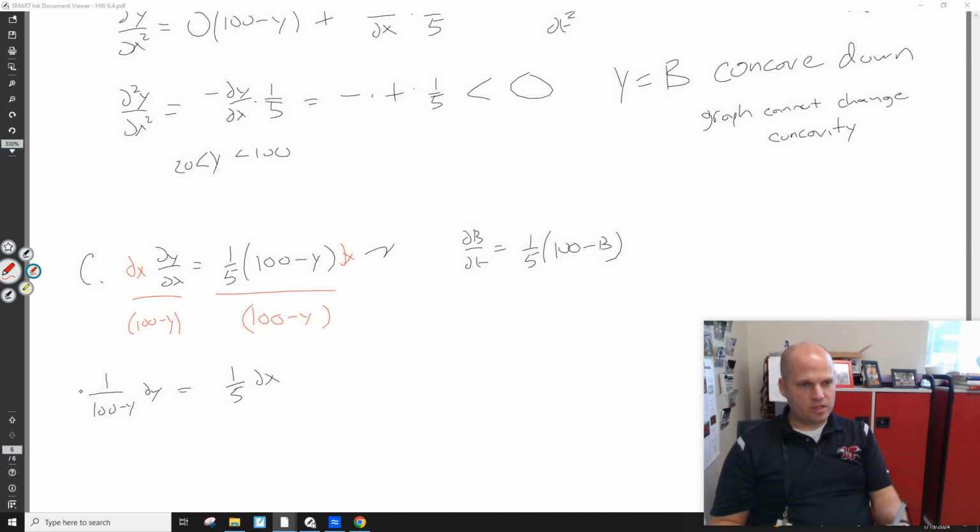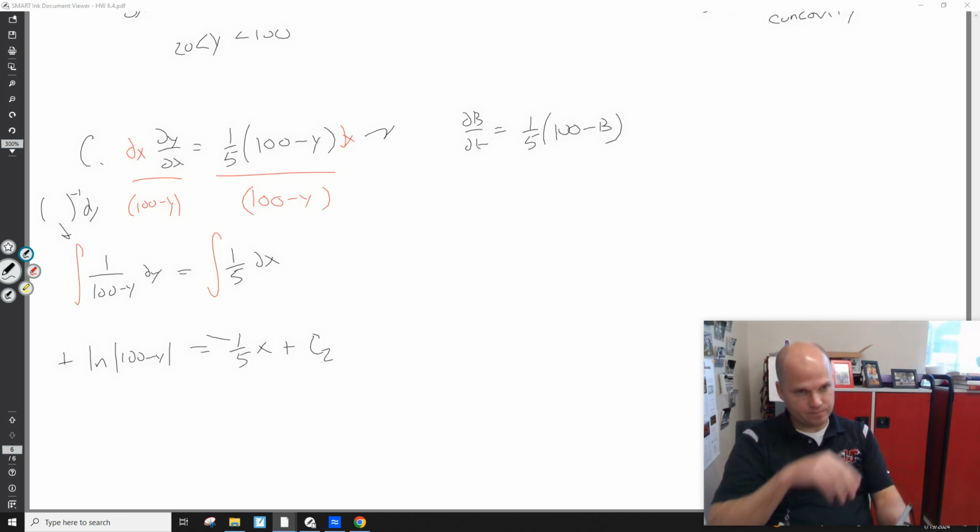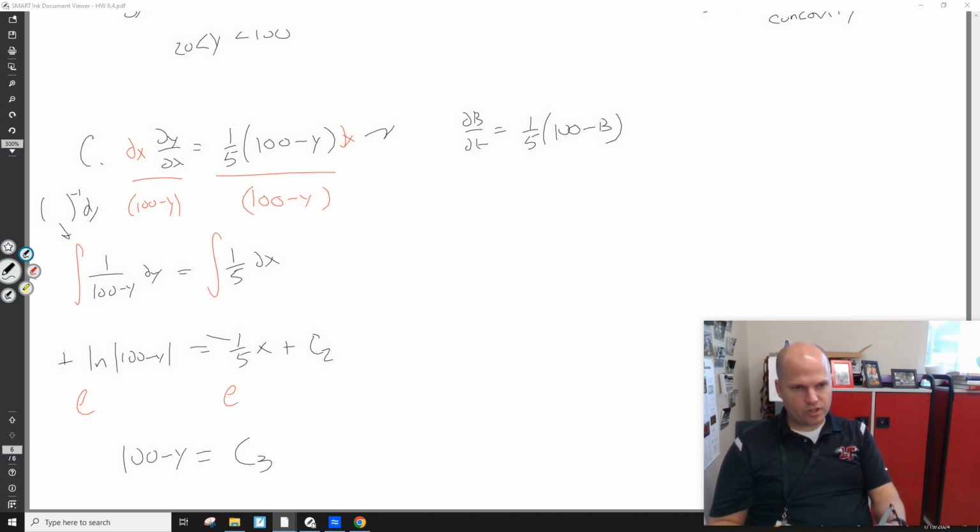Why? The antiderivative of 1/5 is easily done. This is the same as parentheses to the negative first power. The antiderivative of the negative first power involves a log. Undo the derivative. Include a plus c. Take the opposite of both sides. This becomes a c2, or it's minus c1. Take e to the power of both sides. We get a c3.